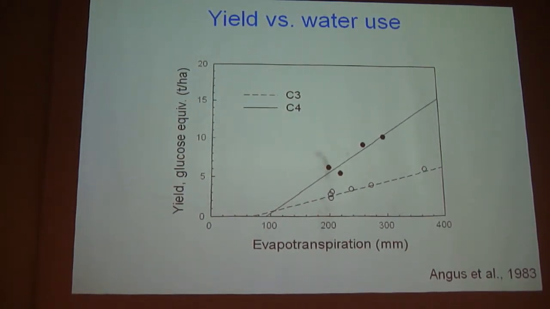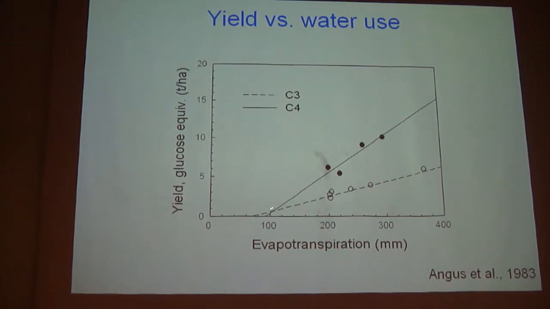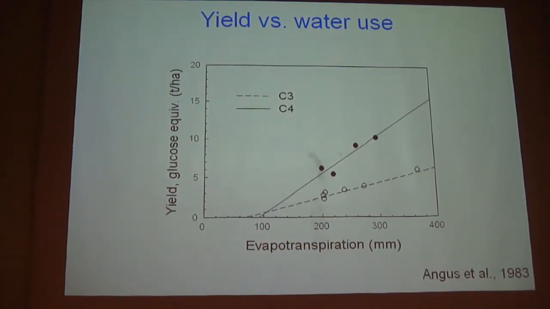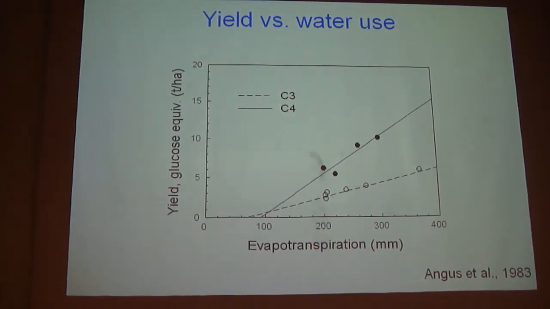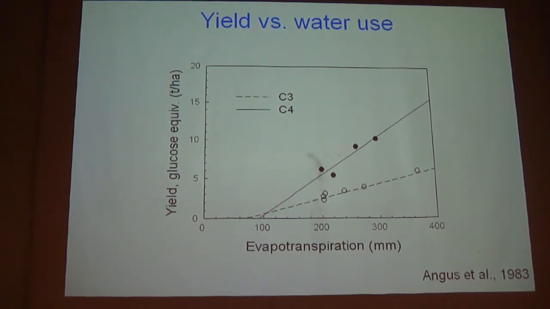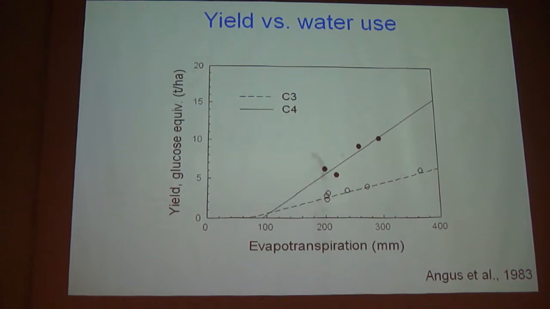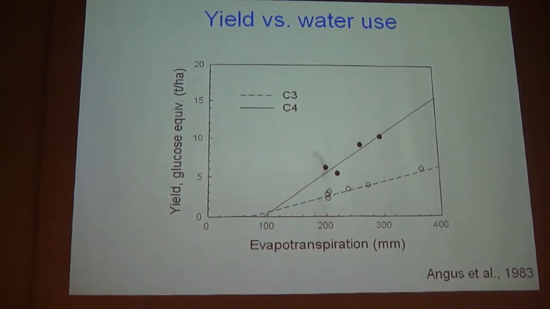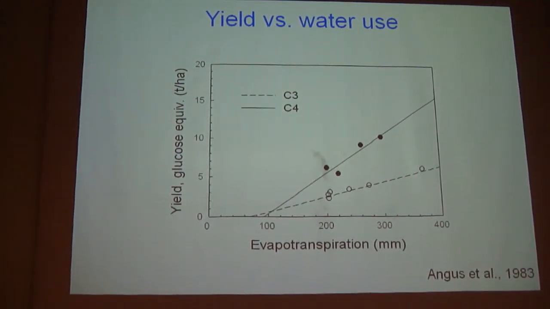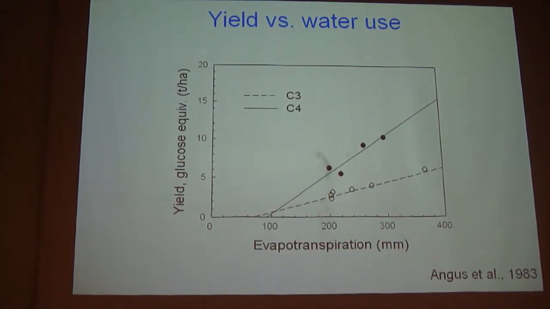And so we see that anything that falls on this line is essentially the same water use efficiency. So this makes it look like there isn't all that much variation. If there's not much variation in water use efficiency among species, how much would you expect to find within a species that you can use for improvement?